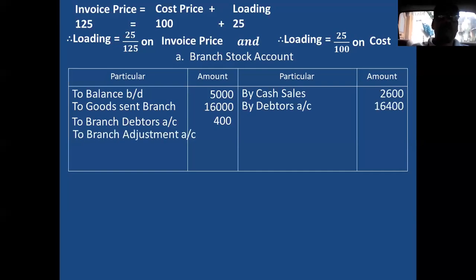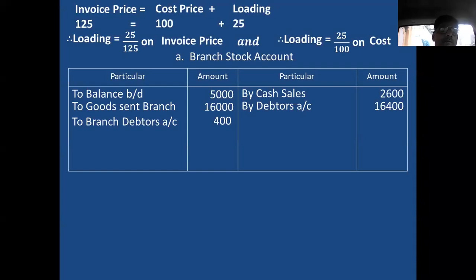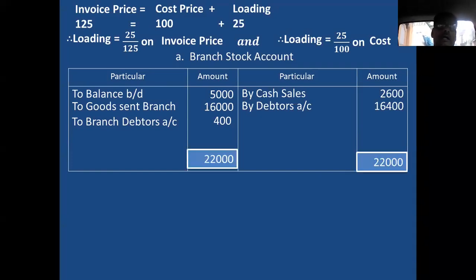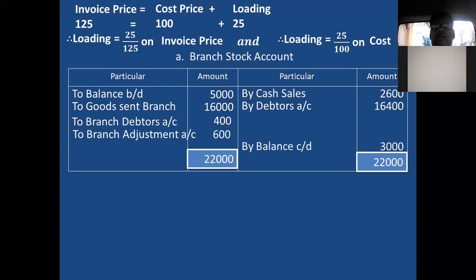In this problem I think there is a difference. See here: debit side, three items completed. Credit side, first is cash sale, second is credit sale, and the third item is the closing balance.